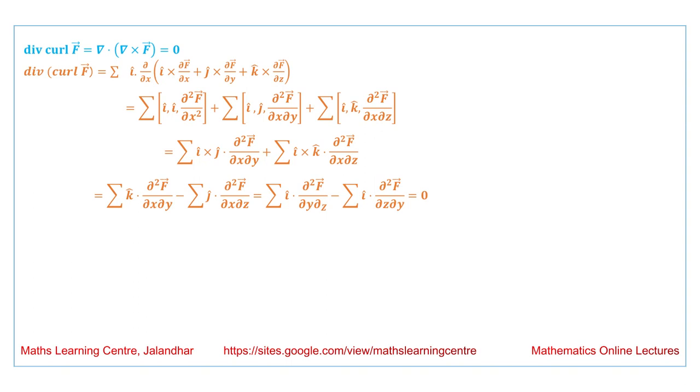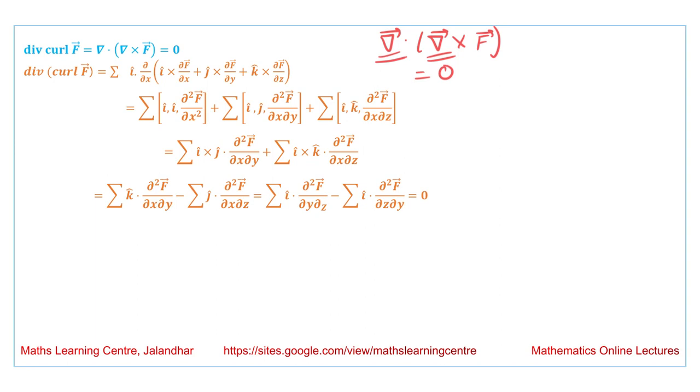Next is divergence of curl of f, that is equal to 0. So we are saying del vector dot del vector cross f vector. If we use the scalar triple product, we can directly write this is del vector, this is del vector, so the answer is 0. In place of using that, we are just giving the proof over here.